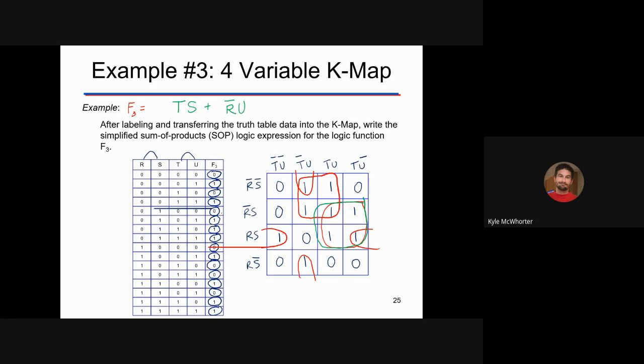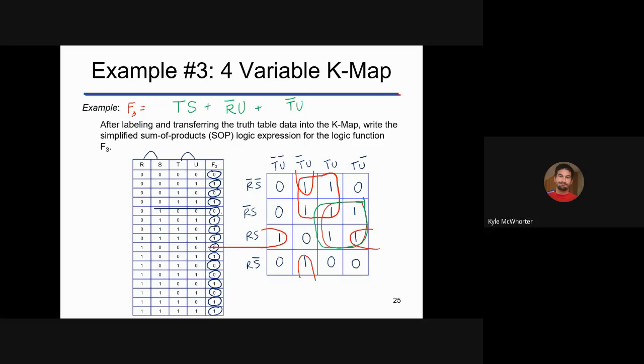Then look at the pairs. So this pair up here has not T and U. Not T, U. And then what letter over here?